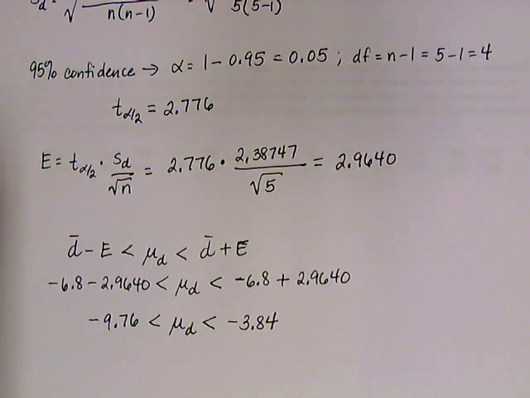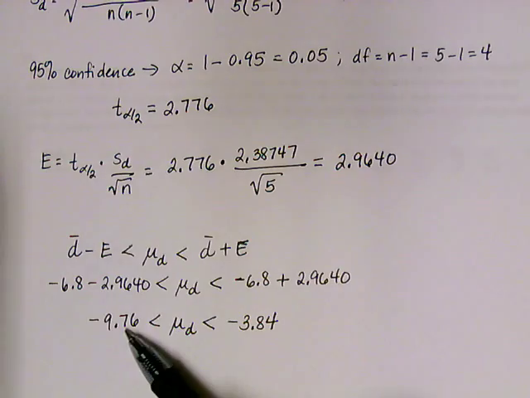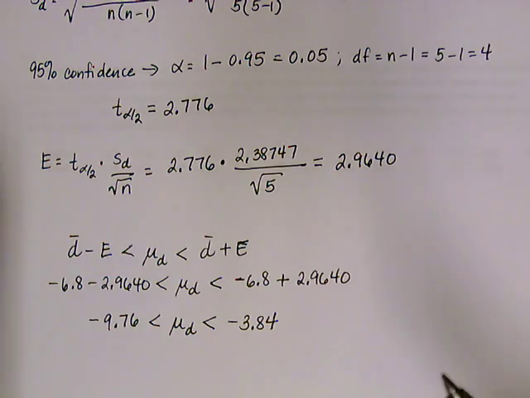So this is what my confidence interval estimate is for the mean population of differences between hospital admissions. So here we can interpret that as saying that we are 95% confident that the true mean of the population of differences between hospital admissions falls between negative 9.76 and negative 3.84.